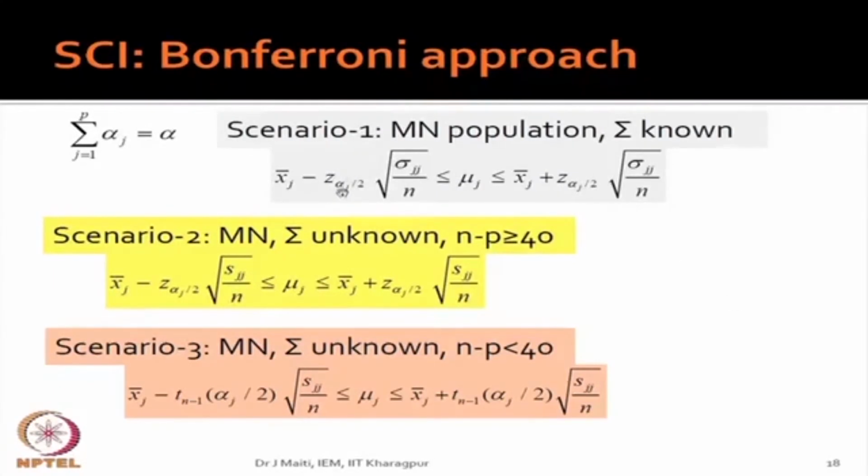So, here you are using z, here also you will be using z, but here your sigma is unknown, with a large sample size, your s will replace that sigma, absolutely no problem. For the third one, instead of f, you are using the t distribution.